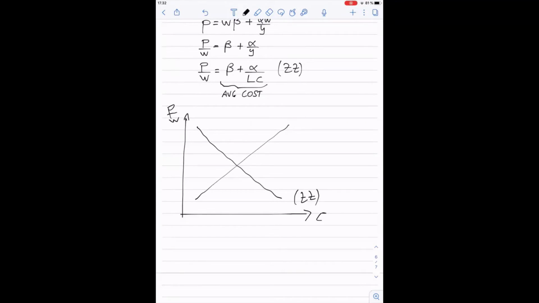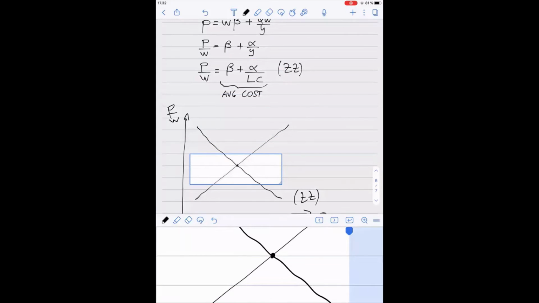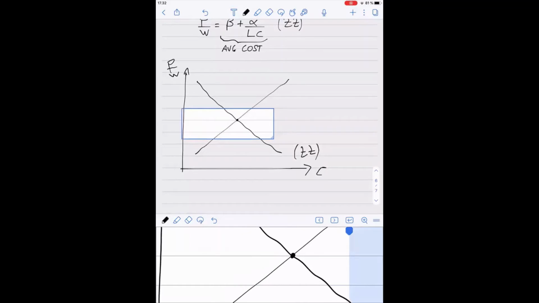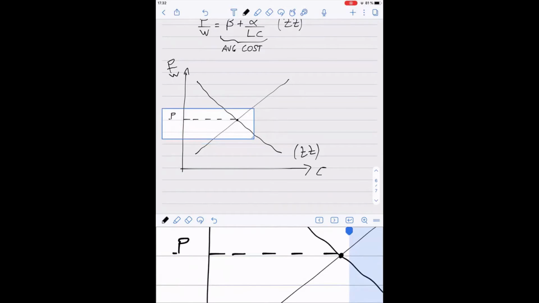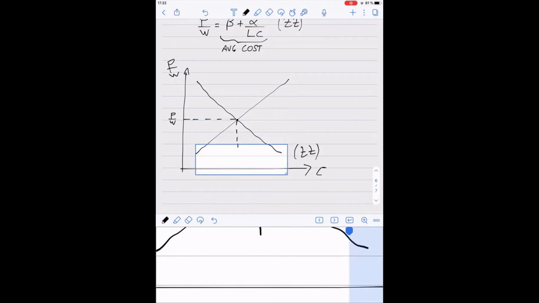Okay? So the intersection between these two curves identifies the equilibrium price level, P over W, and the individual consumption per variety, C.